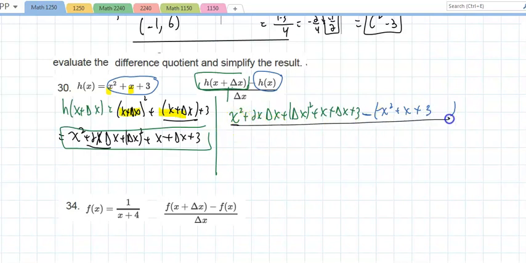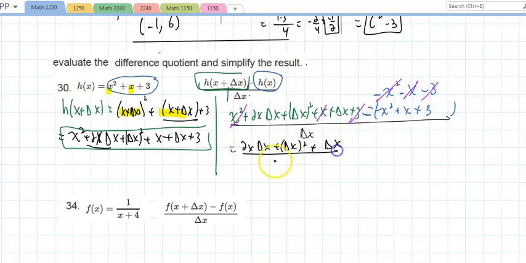All over delta x. Well, if I distribute this negative, doesn't that become negative x squared minus x minus 3? And do you notice then, this will cancel with this, and this will cancel with this. I'm left with 2x delta x plus delta x squared plus delta x over delta x.